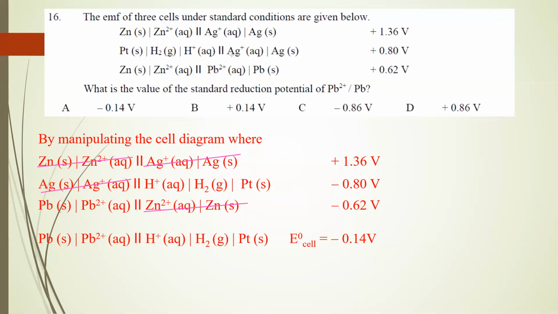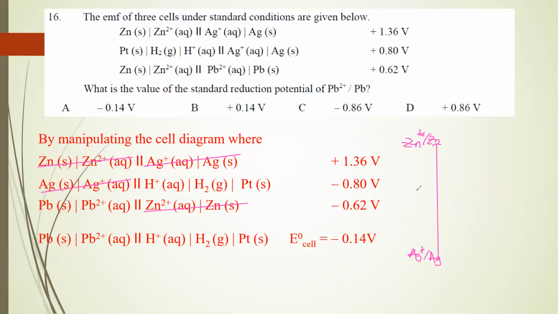Okay. Another alternative way that you can do is like this. Let's say between Zn2+/Zn, you have positive 1.36. Okay. Because Zn is at the left side, zinc is higher. So Zn2+/Zn. So Ag+/Ag. This is the method that you use in the STPM. I find it quite useful.